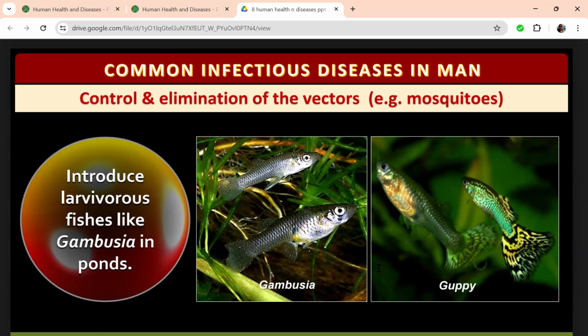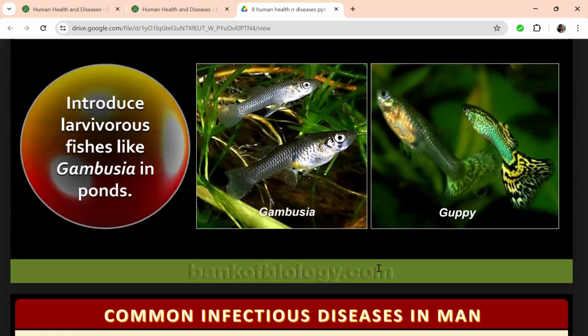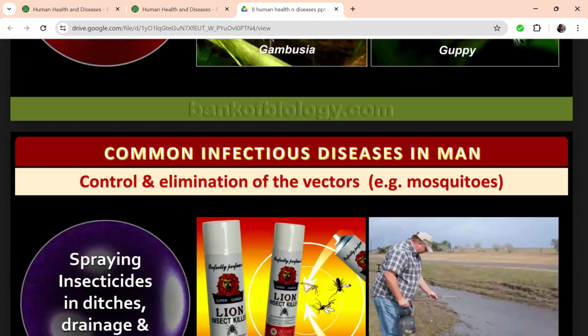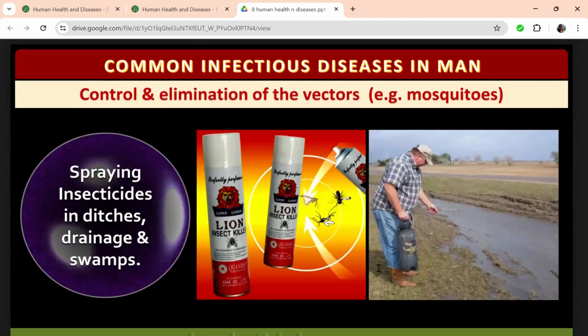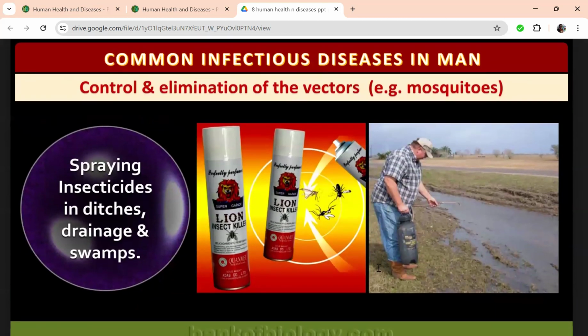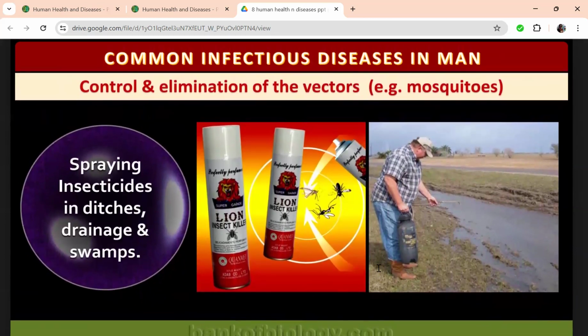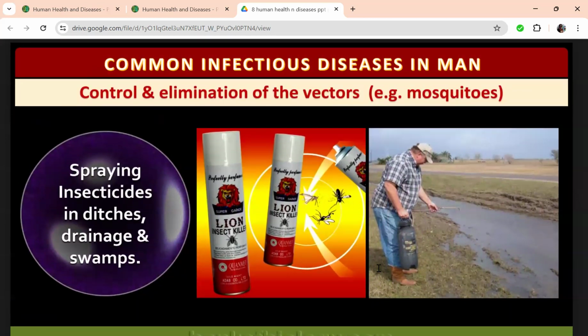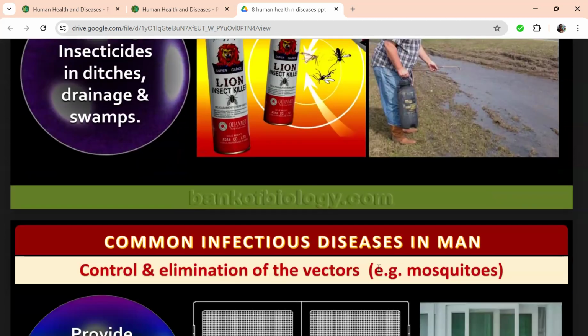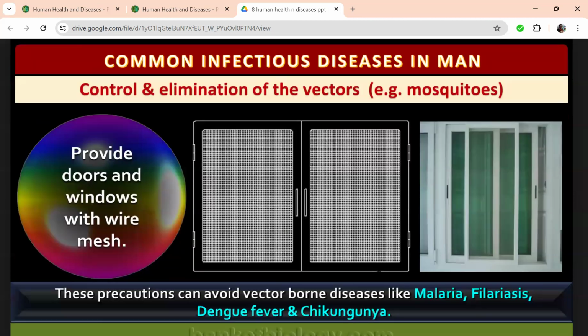If you have a pond, let us have Gambusia or guppy fish, so that they will eat up all the larvae. You can spray insecticides in the ditches, drainage, and swamps. There are insect killers for wherever there is stagnated water, ponds, or pools. You can always spray insecticides so that the larvae do not grow.